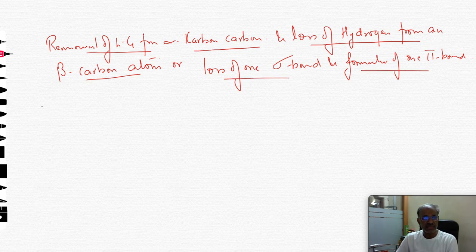Now there are different types of beta elimination reaction. First one is E1 reaction.